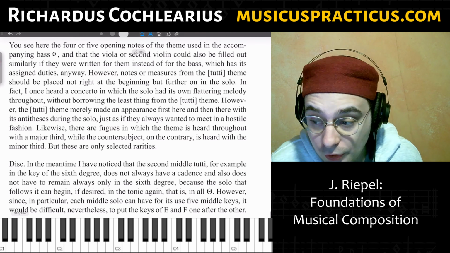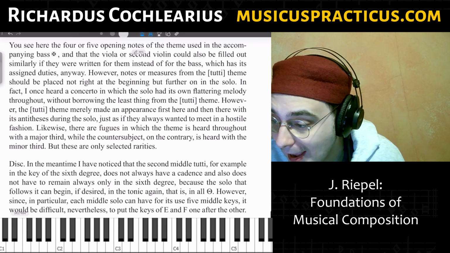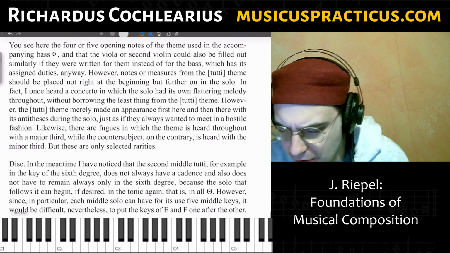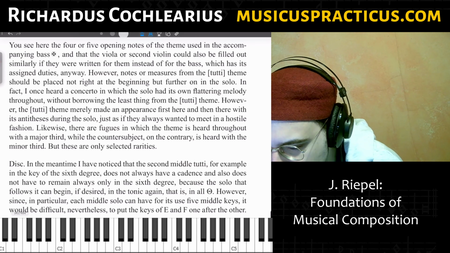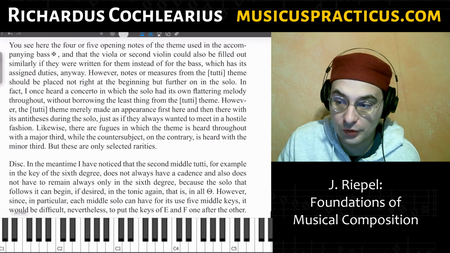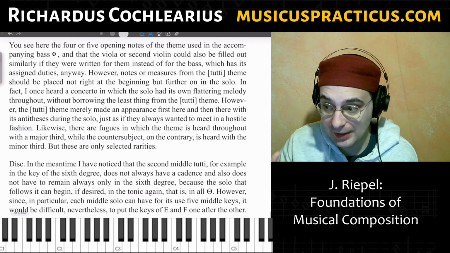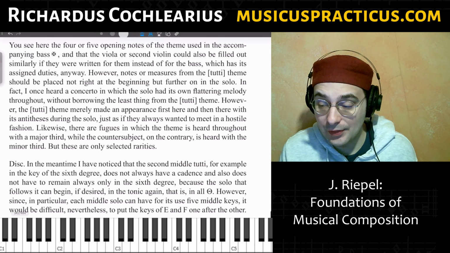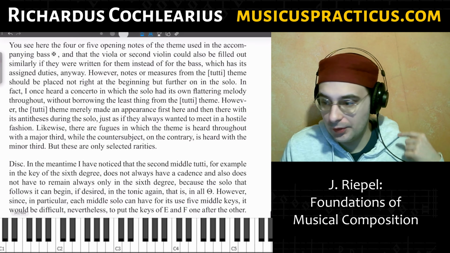In fact, I once heard a concerto in which the solo had its own fluttering melody throughout without borrowing the least thing from the tutti theme.